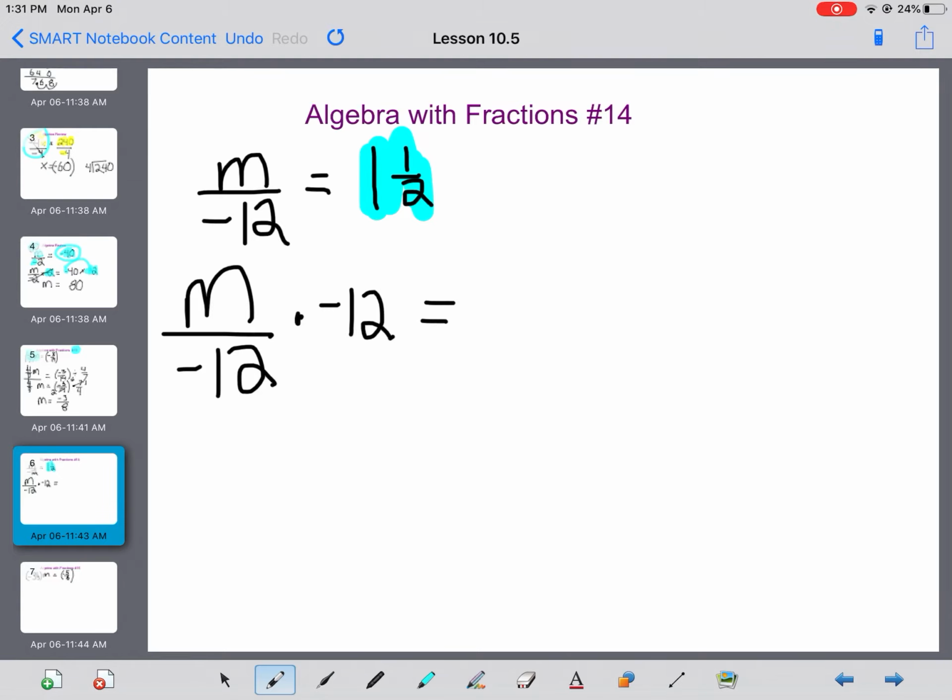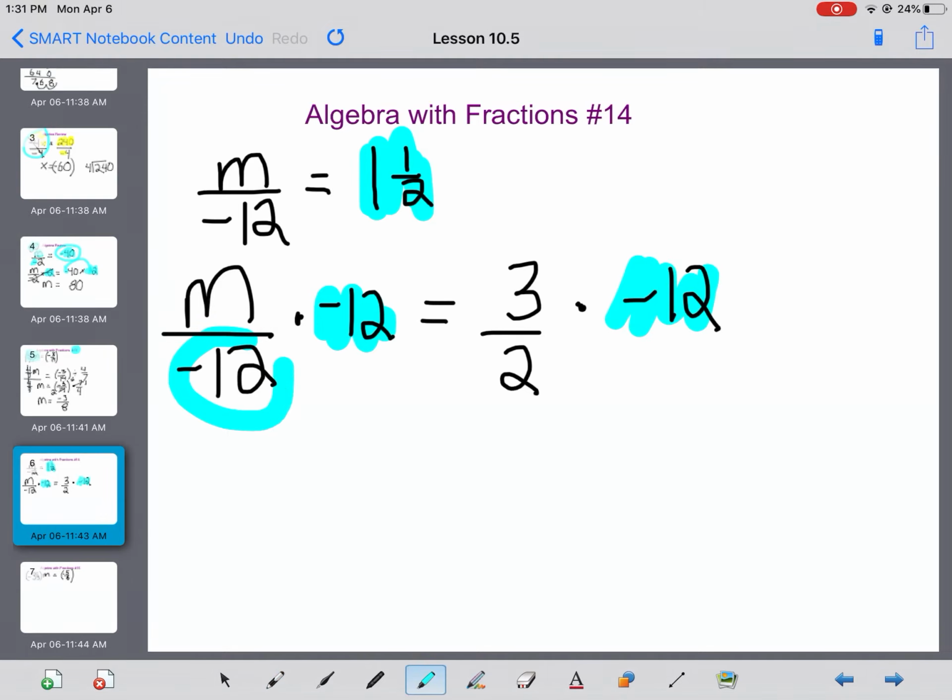I need to make it an improper fraction. So I'm going to go 2 times 1 is 2 plus 1 is 3. So I get 3/2. And then my new thing that happened over here, I need to do on this side. Multiply by -12.